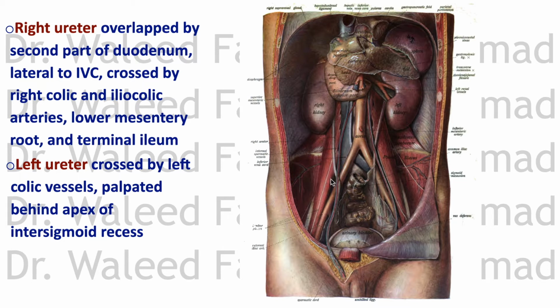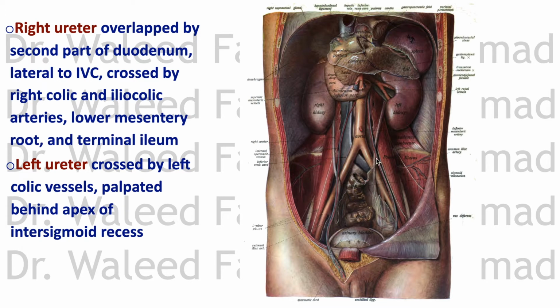And the ureter is on the psoas major, and also is crossed by the terminal ileum as it opens into the cecum. Now, the left ureter is crossed by the upper left colic vessels and lower left colic, or you can call it left colic branches and sigmoid branches.